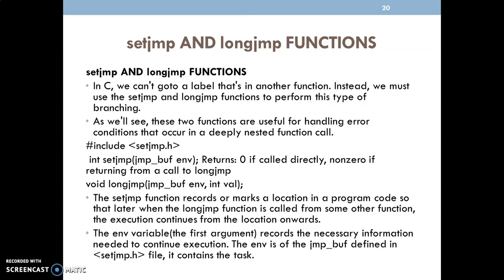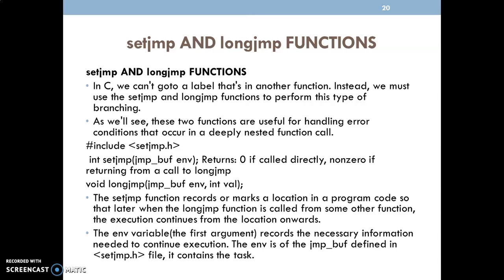Next, we have the setjmp and longjmp functions. You can see we cannot go to a label in another function. Instead, we must use the setjmp and longjmp functions to perform this type of branching. To prove that, suppose in the main function we are calling one user defined function called add.